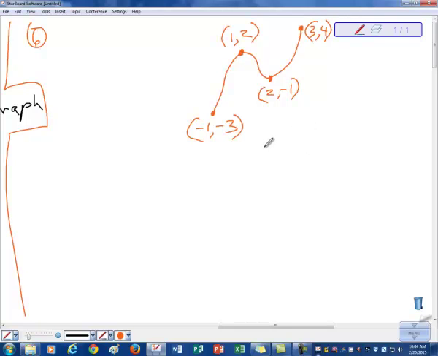Okay, and we want to know, find the absolute maximum and absolute minimum.